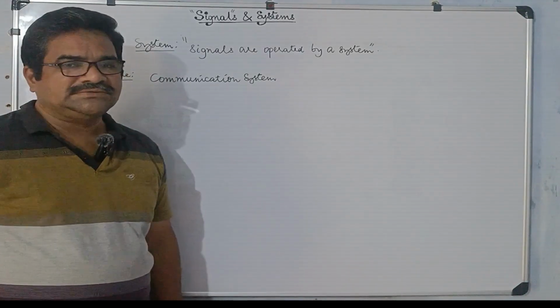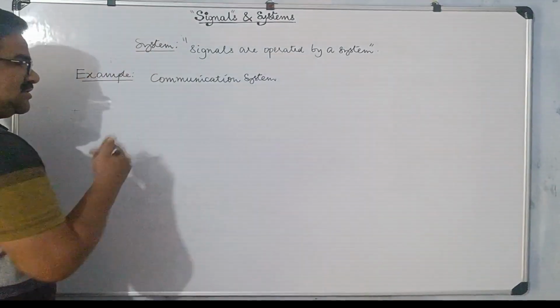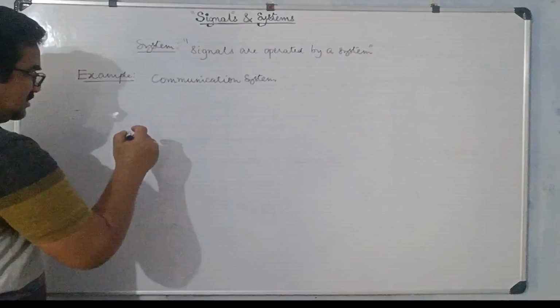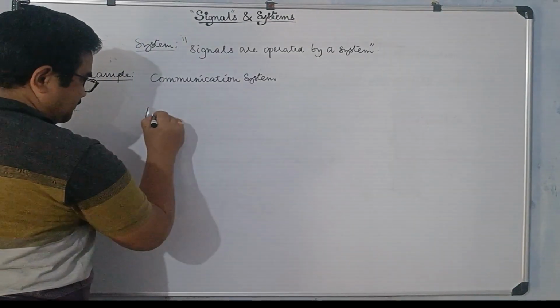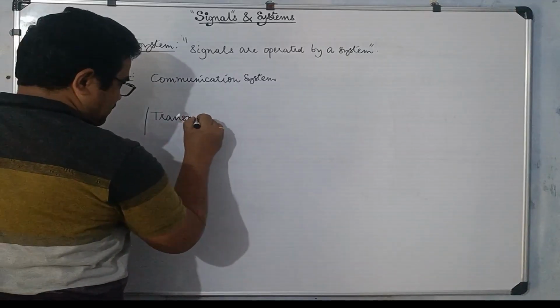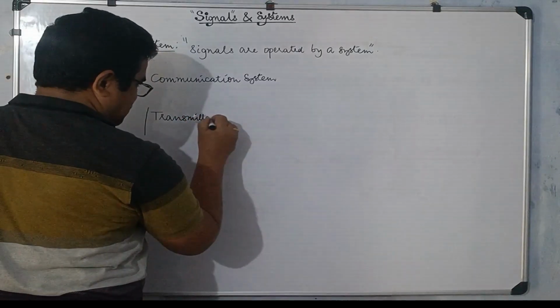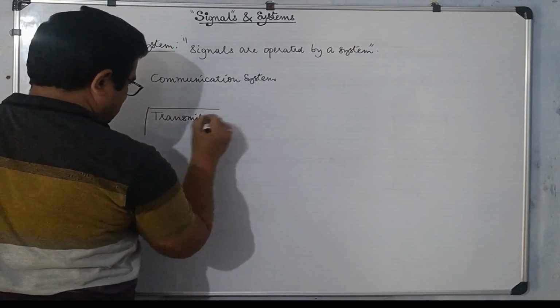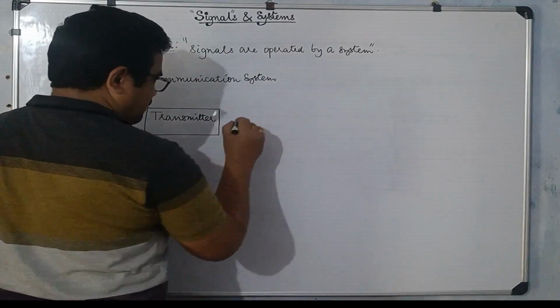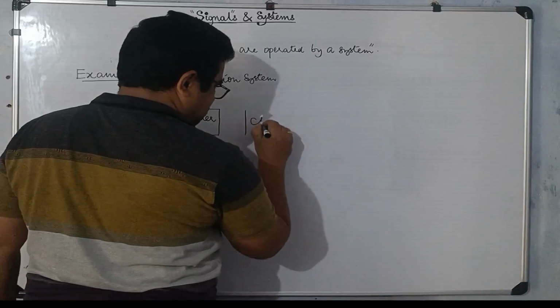So a communication system is basically having three major building blocks. The first one is the transmitter. Then we have a channel.